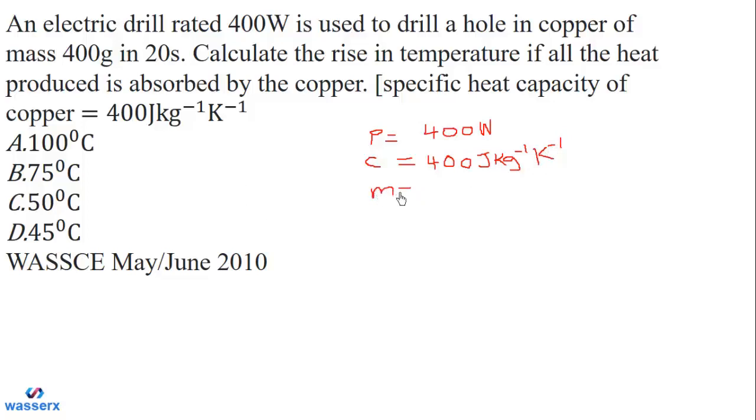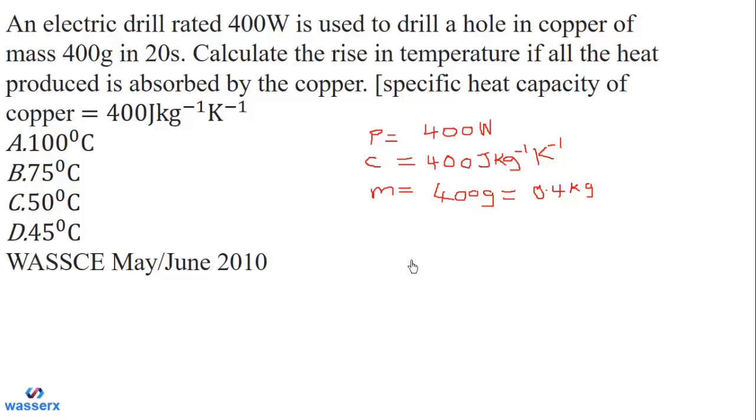We were also given the mass as 400 grams, which needs to be converted to kilograms. When we convert 400 grams to kilograms, we get 0.4 kg.